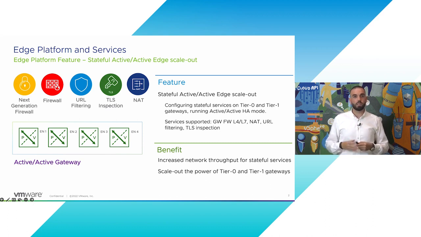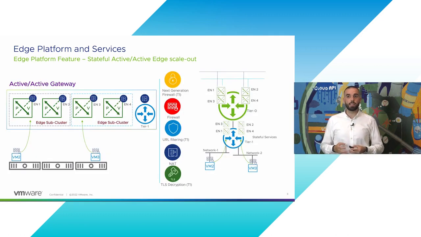Now let's take a look in a bit more technical detail at how that is happening. Stateful active edge scale out will enhance the existing concept of using an edge cluster by introducing an edge subcluster. That is a new concept that will come together with stateful active. You do not need to take any additional configuration steps for defining and configuring your edge subcluster.